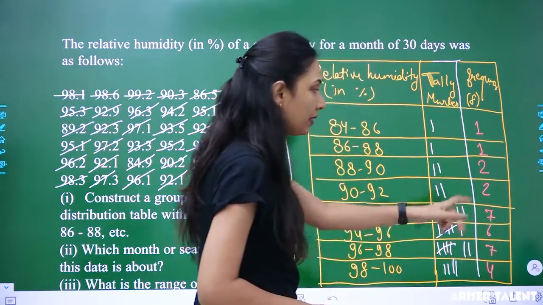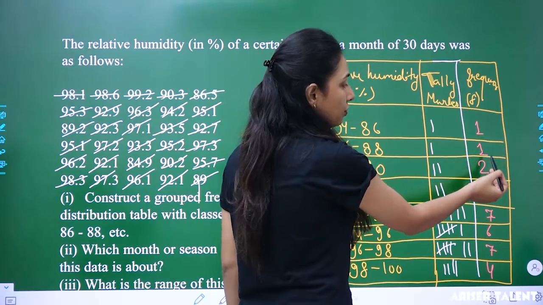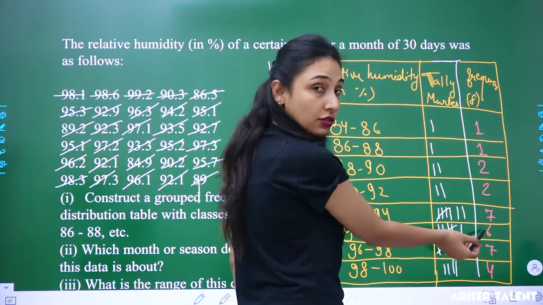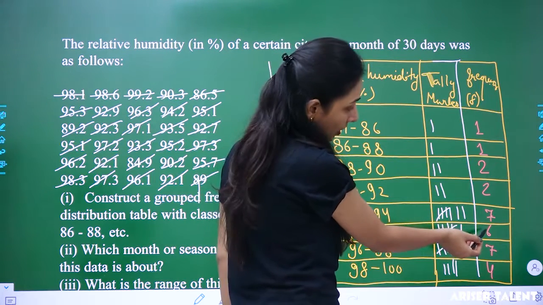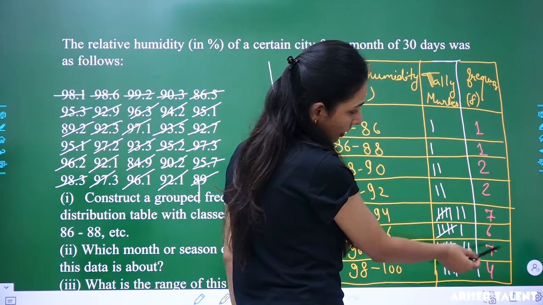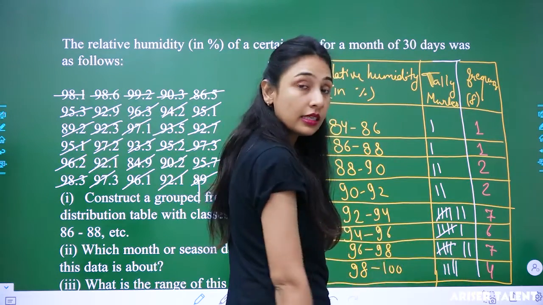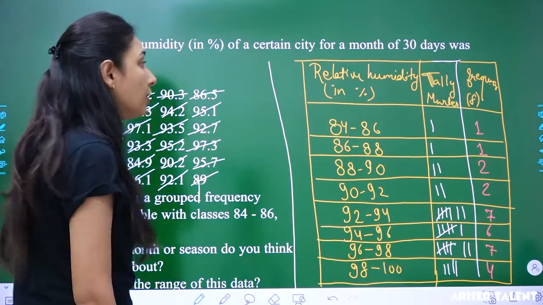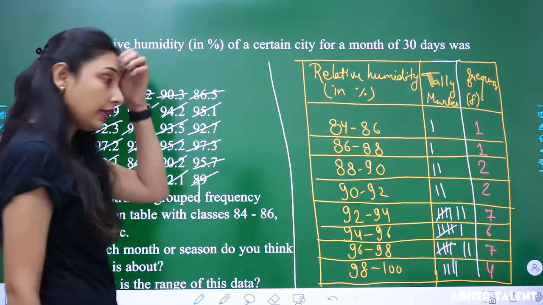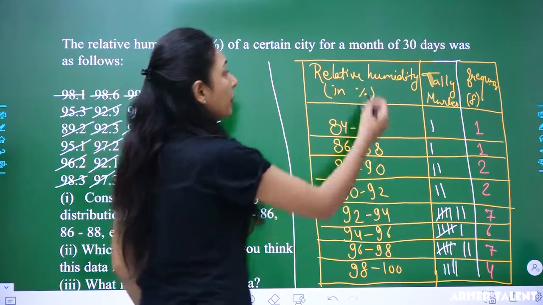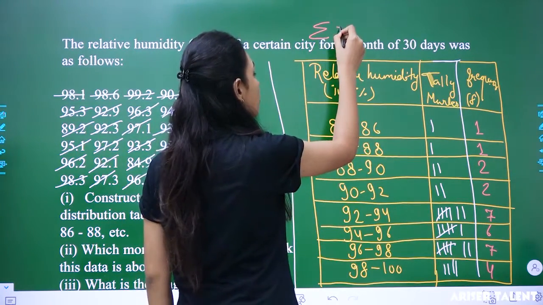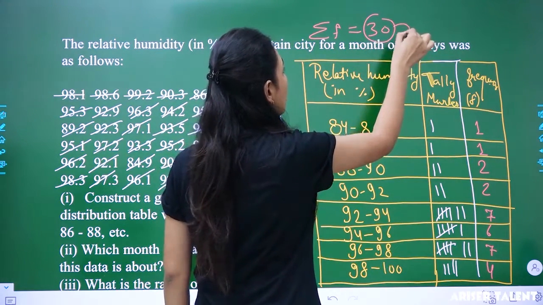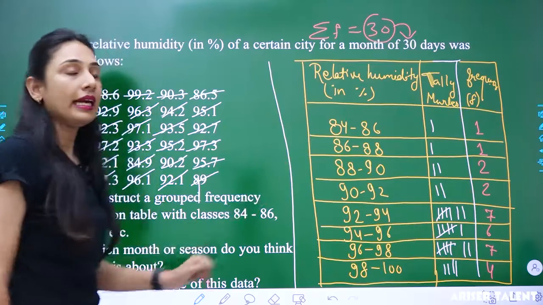If you add them: 6 plus 6 will be 12, and 12 plus 4 will be 16, 16 plus 14, you will get 30 here. So the summation of frequency equals 30, and 30 is the total number of days. That means it is fine.